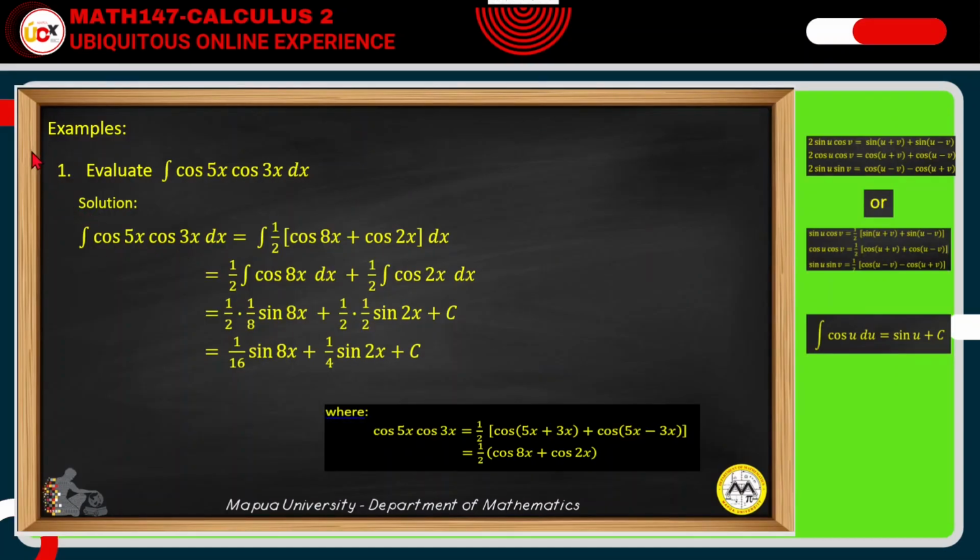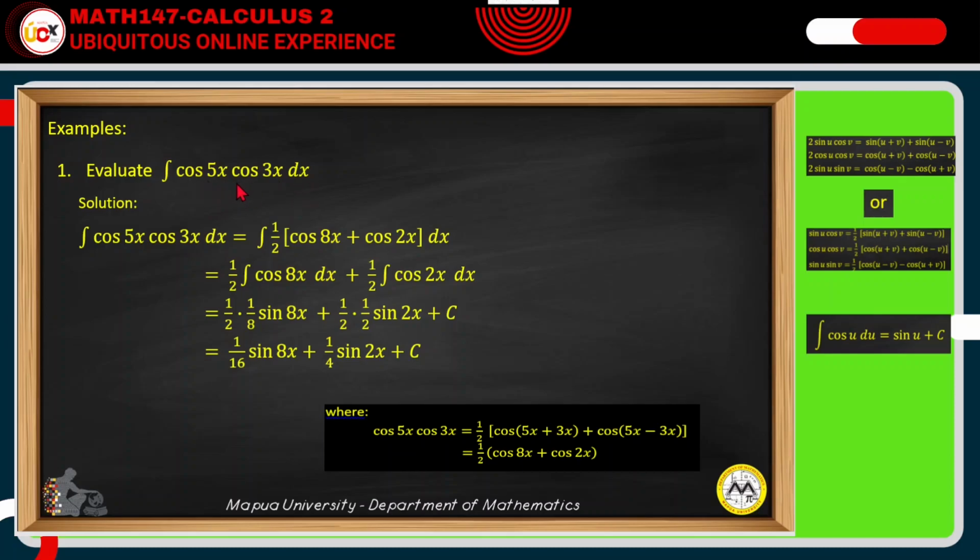To learn how to evaluate integrals by trigonometric transformation using product of sines and cosines, let's have the following examples. Number 1, suppose we are asked to evaluate the integral of cosine 5x cosine 3x dx.